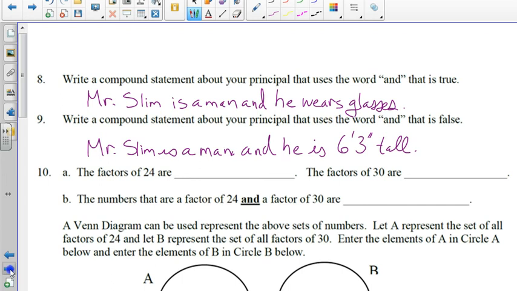The factors of 24 are 1, 2, 3, 4, 6, 8, 12, 24. It's on the bottom. The factors of 30 are 1, 2, 3, 5, 6, 10, 15, 30.